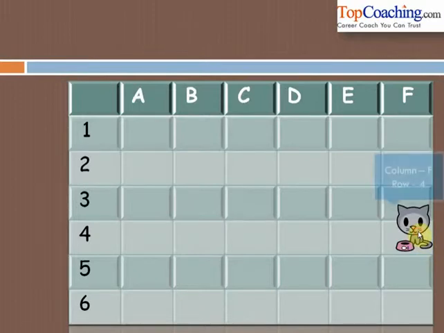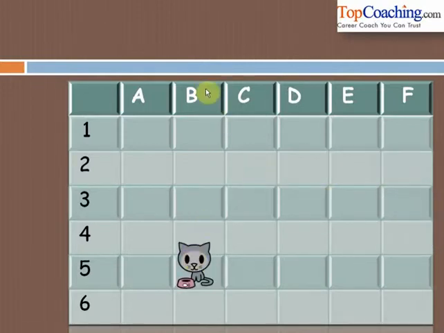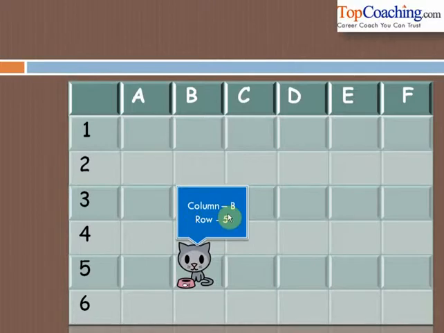Now this block is nothing but column number F and row number 4. So again we are going to hit it with our racket. Now this cat appears at the column number B and row number 5. So this block is represented by column number B and row number 5. So again we have located this cat and we are going to hit it with a racket.